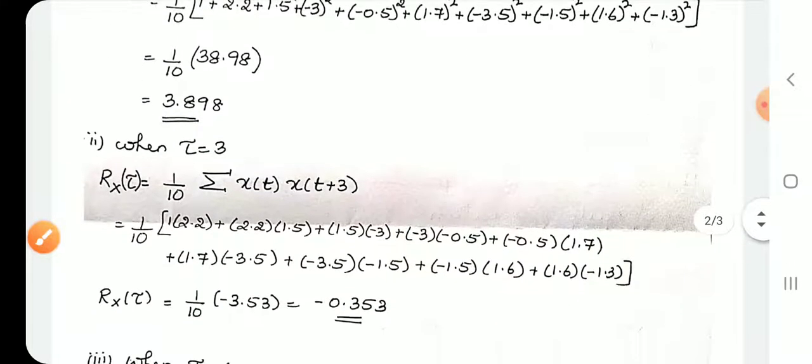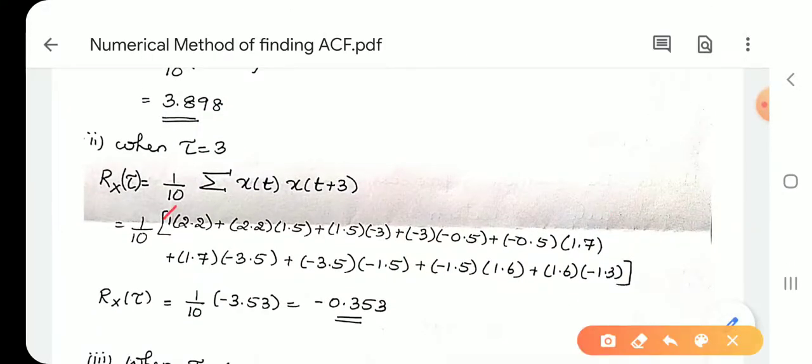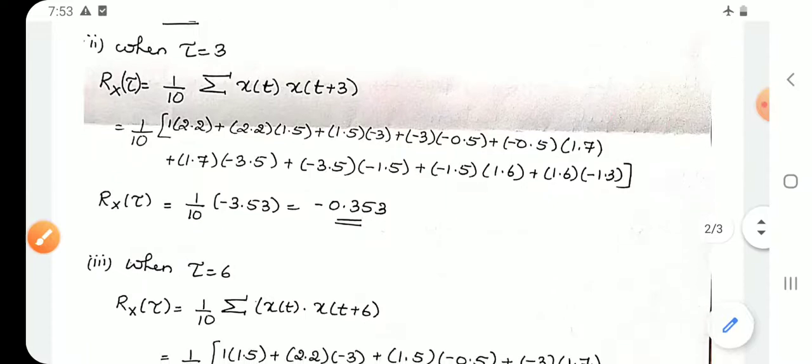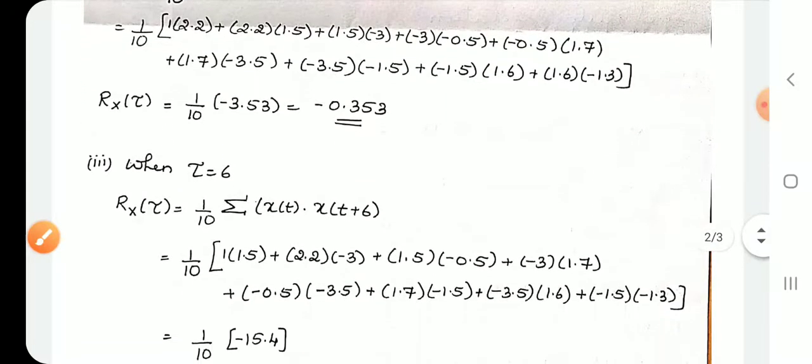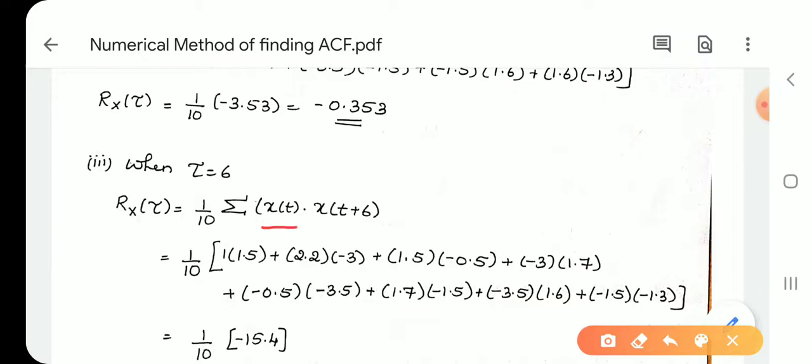See, here 1 after a gap of 3 minutes means 2.2. Next, 2.2 after a gap of 3 minutes is 1.5. 1.5 after a gap of 3 minutes means minus 3. Minus 3 into minus 0.5, like this. If we add all these products and divide by 10, we get minus 0.353. This is the value at tau 3. Next, when tau is equal to 6, x of t plus 6.